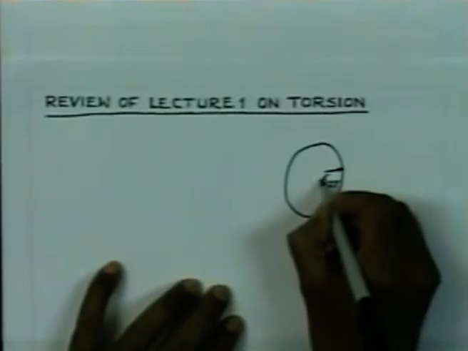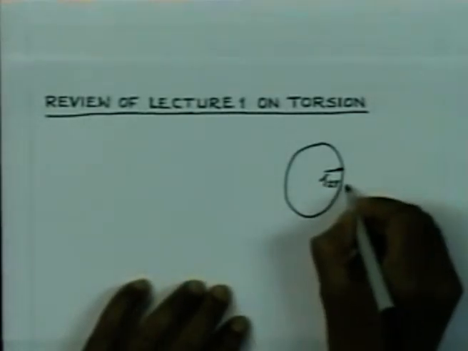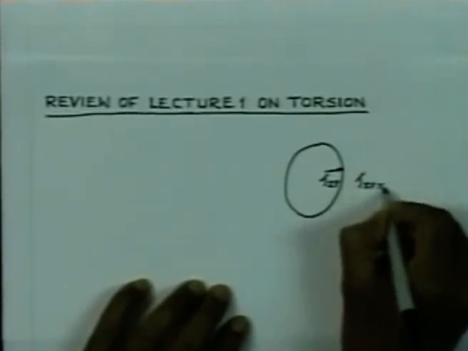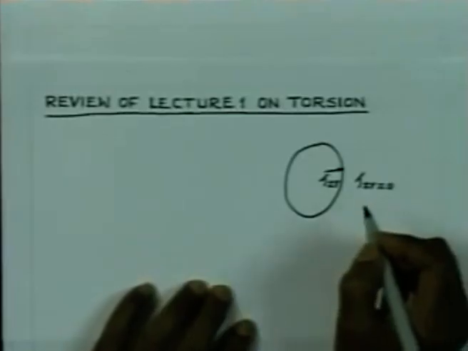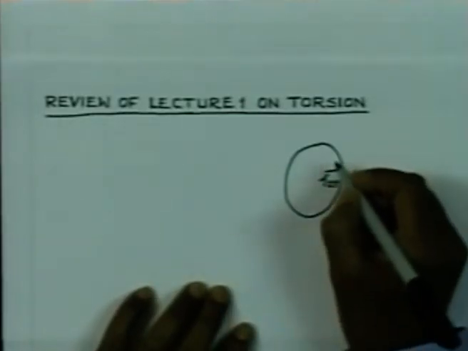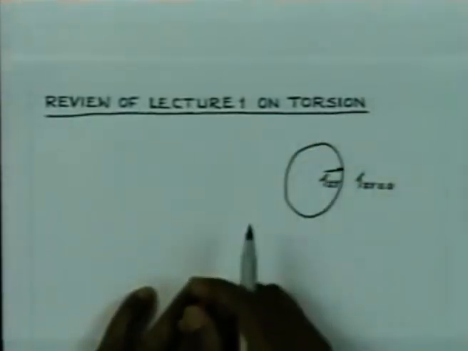So, therefore, this tau zr stress is 0. So, tau zr is 0. Therefore, all along the boundary you will find that stress is going to act only parallel to the boundary.